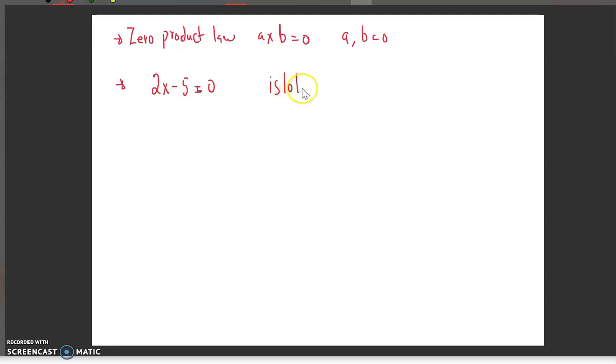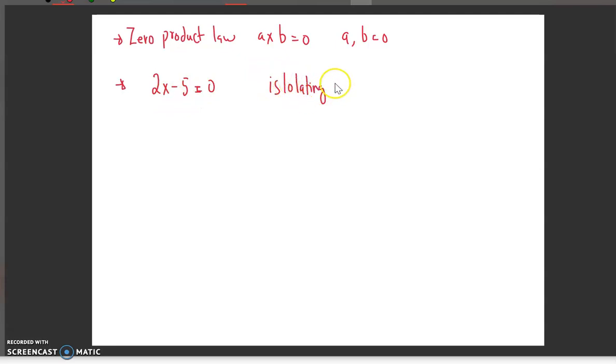Okay, so what are some of the other things that we know? We just learned about the zero product law. That is a fancy name given to us, but we knew this already, that if two factors multiply, either of them could be 0. We also already know about this. If I give you something like this, you know you can solve for x. This is called isolating the variable.